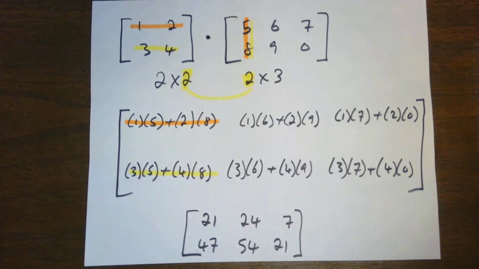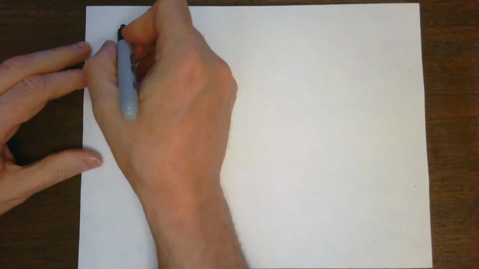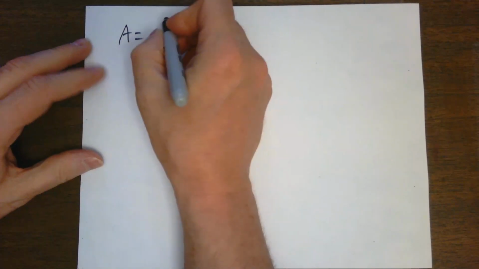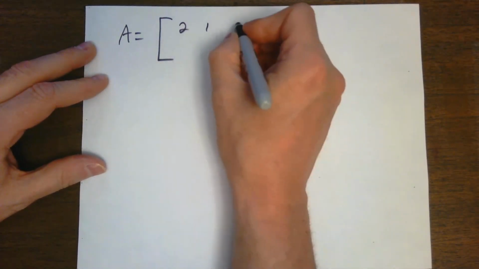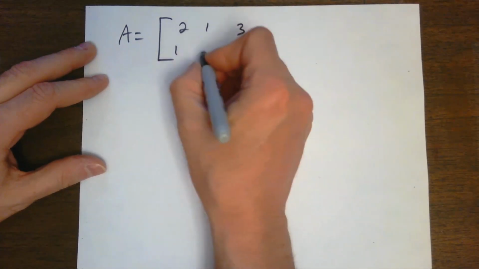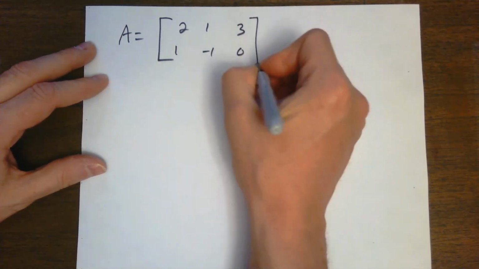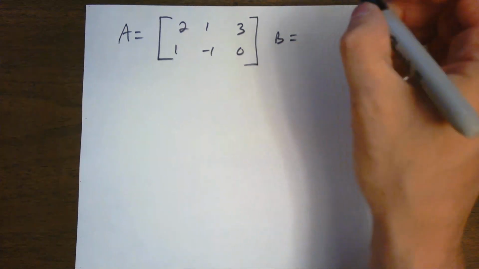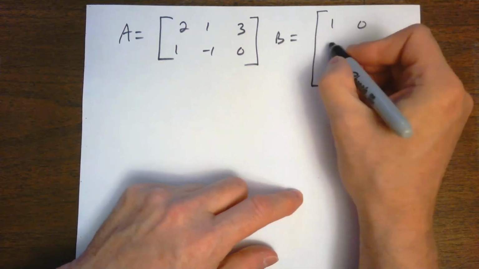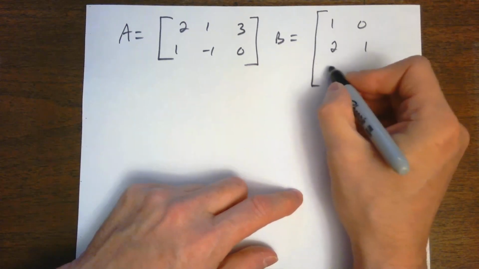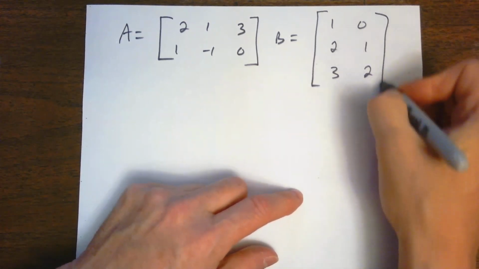I want to look at one more example, which is, again, very strange. I want you to look at this matrix. Given matrix A is 2, 1, 3, 1, negative 1, 0, and matrix B is 1, 0, 2, 1, 3, 2.